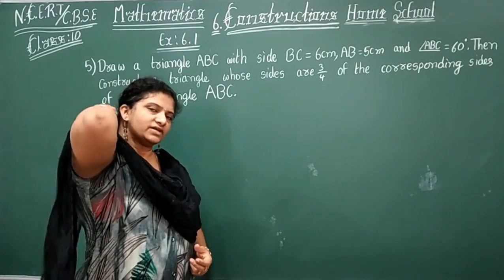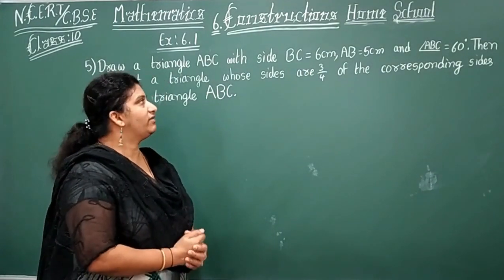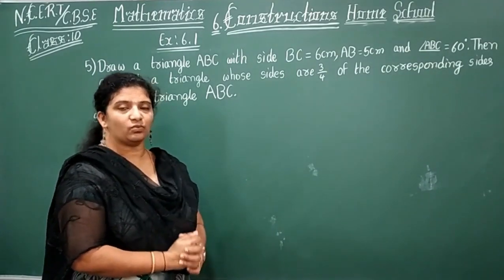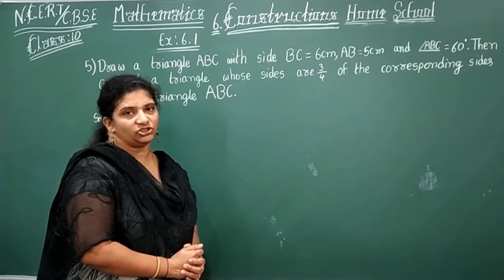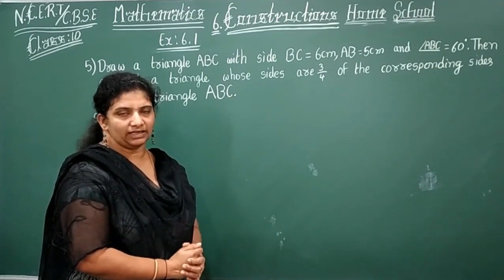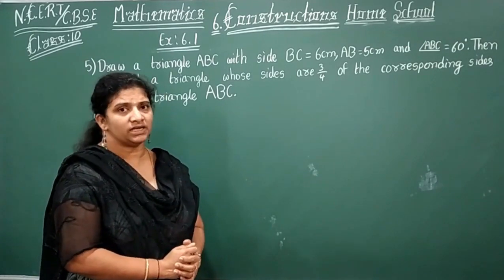Look here, children, the first thing you need to observe is that in the triangle they have given two sides and one angle. So with those measurements we are going to draw a triangle. Afterwards, with the given ratio, we are going to draw a similar triangle.